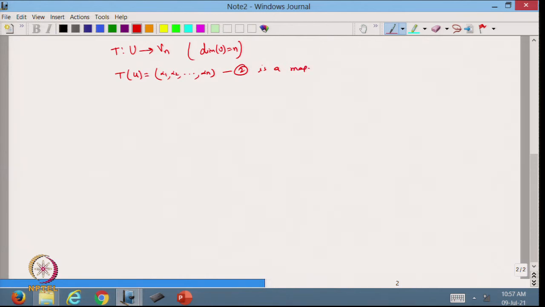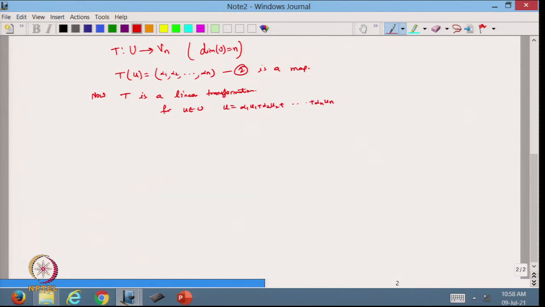Now we want to show that T is a linear transformation. So we know that for u belonging to U, u is equal to alpha 1 u1 plus alpha 2 u2 plus ... plus alpha n un.